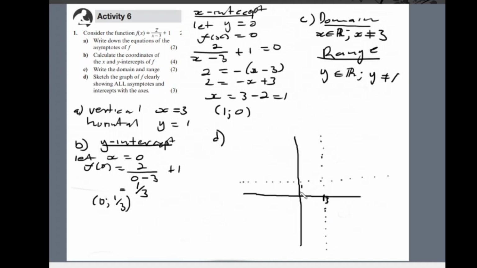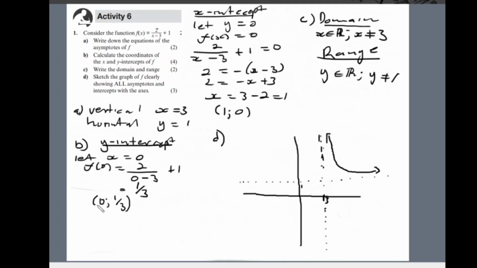So we will have a piece here, but it can only approach the asymptotes, it can never touch the asymptotes, right? And then we have our x and y intercepts.